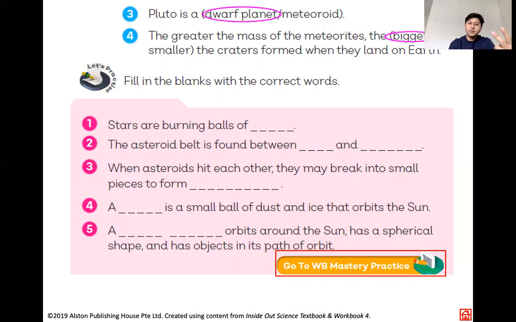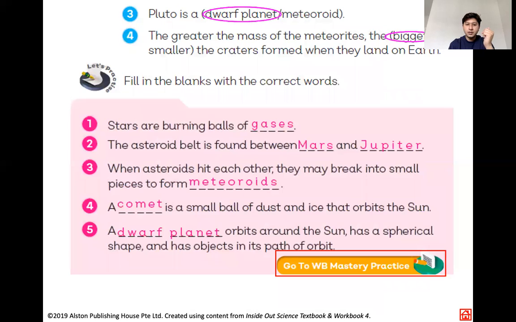So I think they talk about two words. Asteroid is one word, planet is one word, but dwarf planet is two words together, right? So it's a dwarf planet. So here are your answers. You can fill in the blanks in your book, and you can submit your homework in the group.